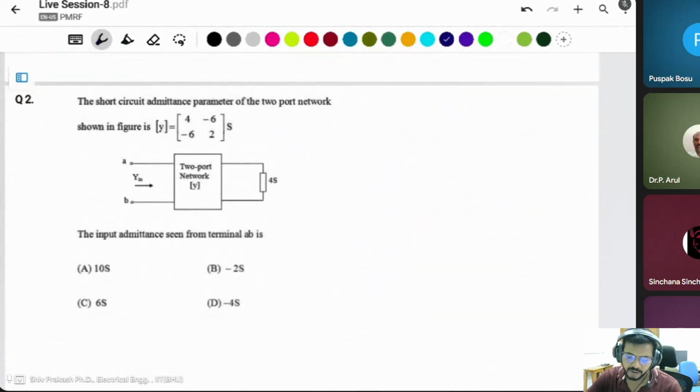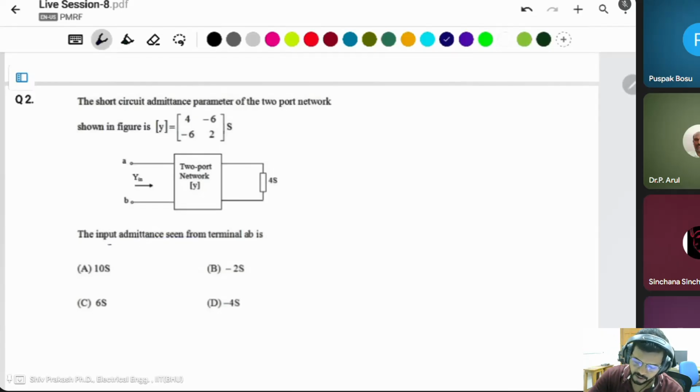Next question. Here the short circuit admittance parameter of the two-port network is given as 4, minus 6, minus 6, 2 S. Then the question asks for the input admittance seen from the terminal AB. It means you have to find the input admittance.